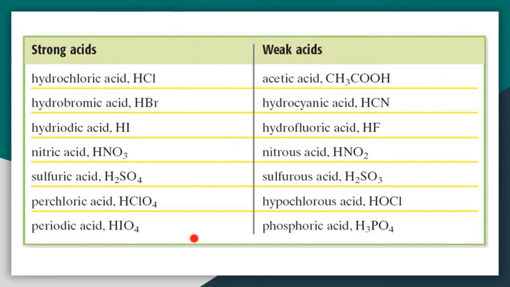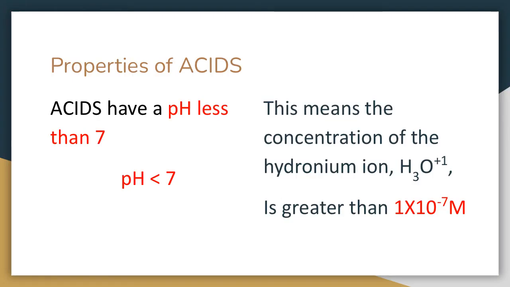Here we have our strong acids, the ones that are going to completely ionize, and then we have our weak acids that aren't going to completely ionize, or they're mainly going to stay as the parent acid. So I'm not super concerned that you know which is which, just know that there are strong acids around that completely ionize, and then there are weak acids that are not going to completely ionize.